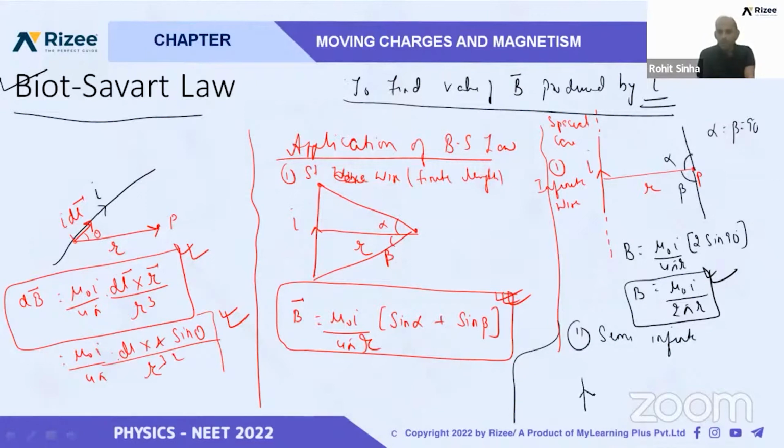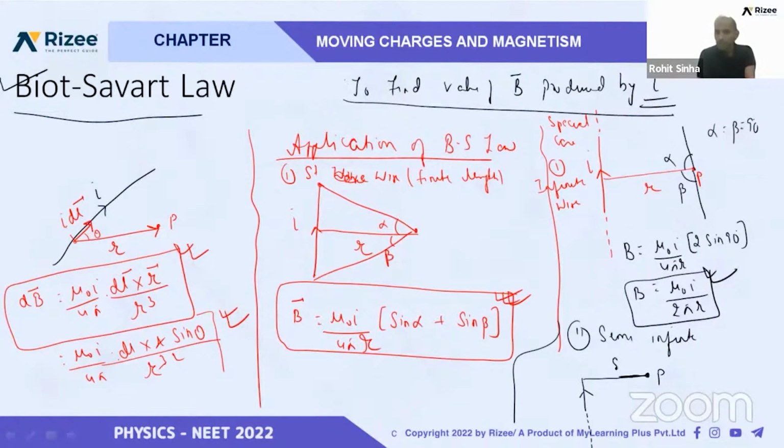It is a wire having infinite length like this, but we are finding the magnetic field at this point, which is at only one end.